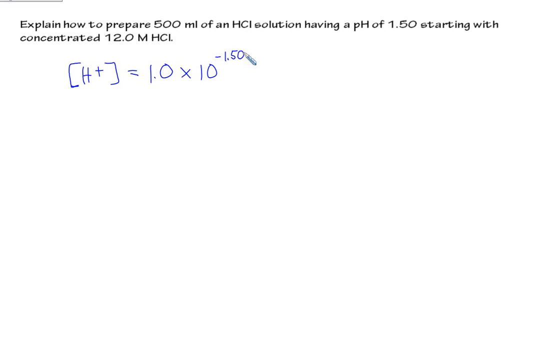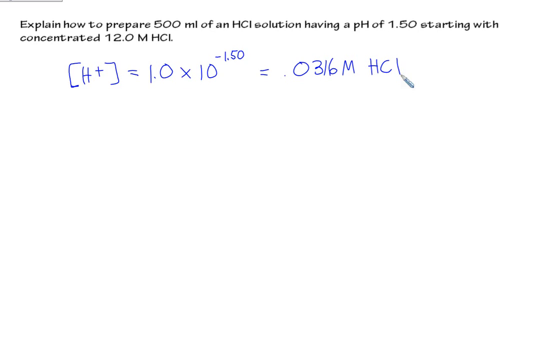We would want to plug this into our calculator to simplify that exponent. So if I go 10 to the negative 1.5, I get, let's go 3 sig figs, 0.0316. There's the molarity of the original hydrochloric acid solution.